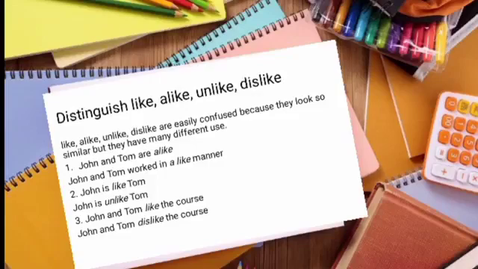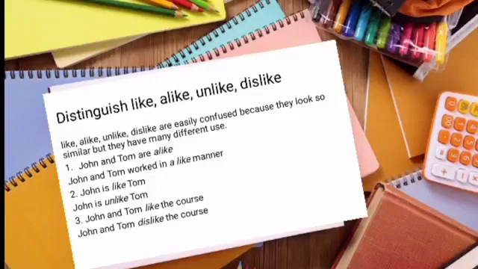In the first example, alike is a predicate adjective describing John and Tom. Alike is a predicate adjective that can only be used after a linking verb, such as are. In the second example, like is an adjective form that is used immediately before the noun manner.